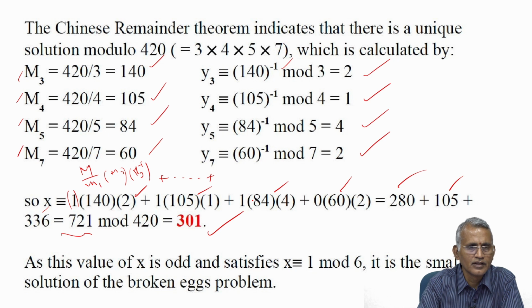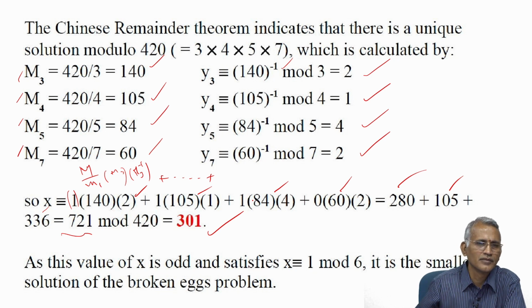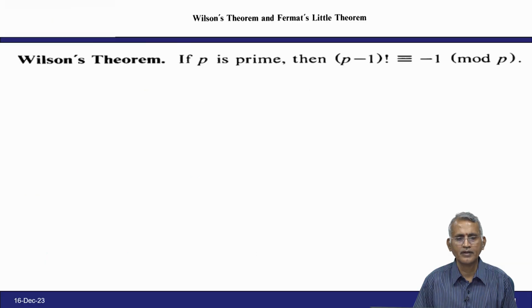It is the smallest solution of the broken eggs problem. So, this is very interesting and very useful for understanding the real time problem. Once again, we came across the Chinese remainder theorem.